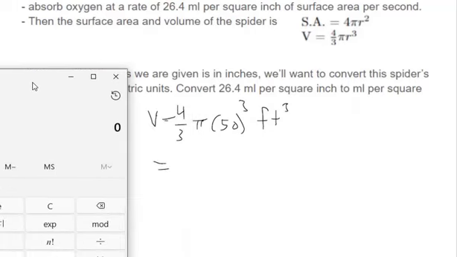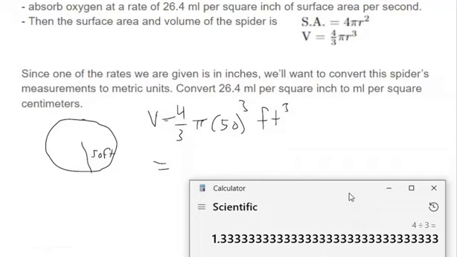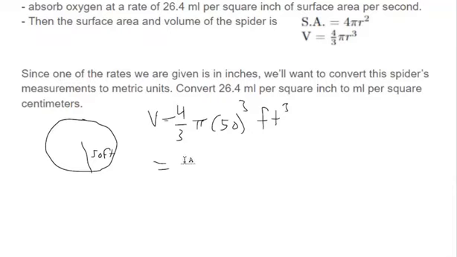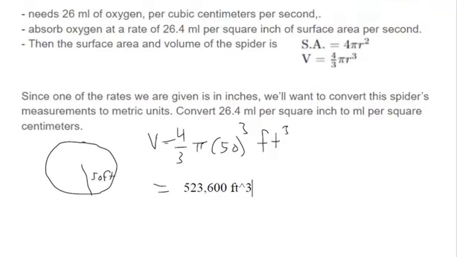So I've got 4/3, there it is as a decimal, times pi times r cubed. So that's 523,600 cubed feet. But we need to convert this to cubic centimeters, so that we can calculate its milliliters of oxygen it needs per second.